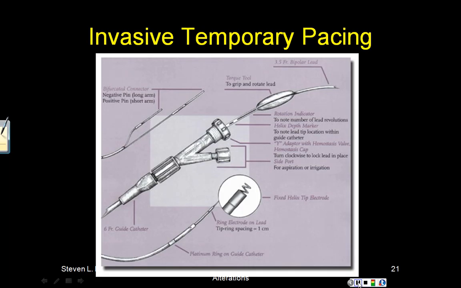The goal is to attach the catheter at the area of the right ventricle to stimulate the right ventricle to contract. On the end that's outside are two metal pins. One's a positive pin and one is a negative pin, and those will attach to a pacemaker generator. The generator is what delivers the electrical activity to the heart.